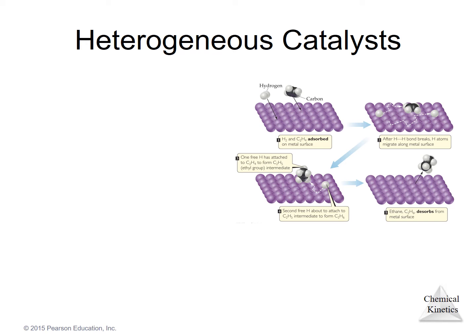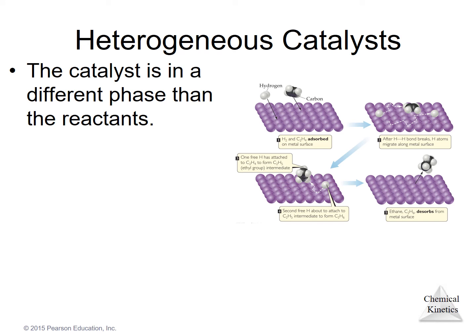This is what happens inside the catalytic converter of your car, where nitrogen oxides are catalyzed by a metal to split into nitrogen and oxygen. That's called heterogeneous because we don't have a homogeneous mixture between the catalyst and the reacting substances.